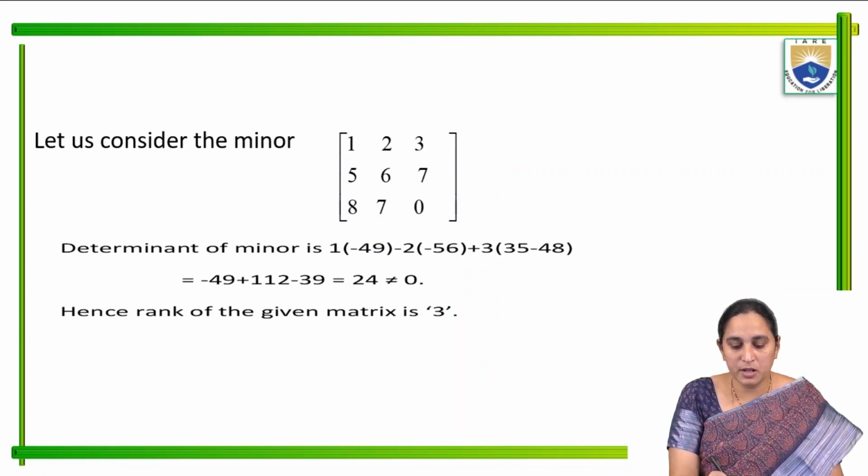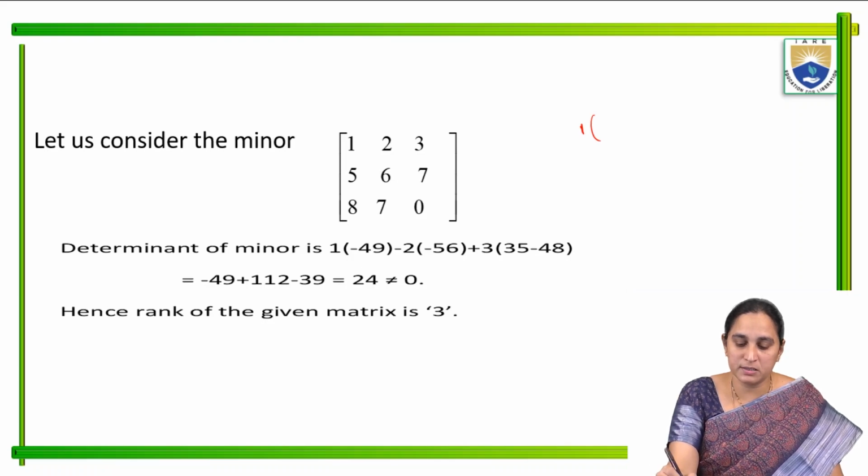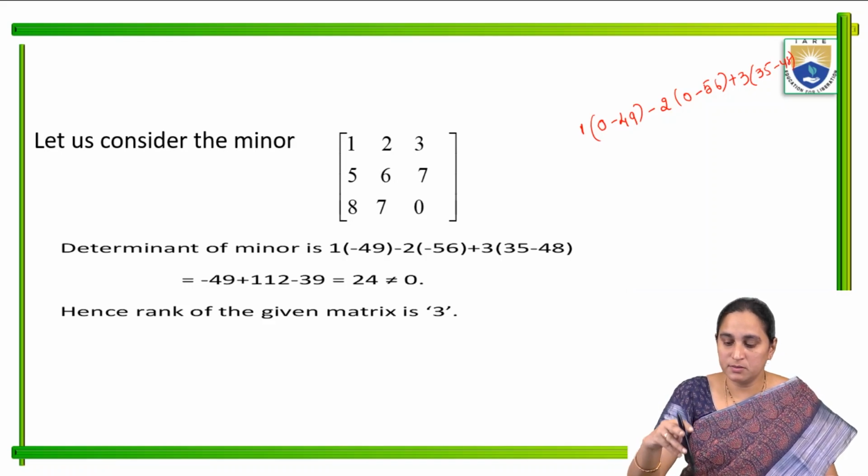The determinant value for that is 1 into 6. Neglecting that corresponding column and row, and taking the remaining part as cross multiplication, that is 0 minus 49, minus 2 into 0 minus 56, plus 3 into 5 into 7, 35 minus 48.